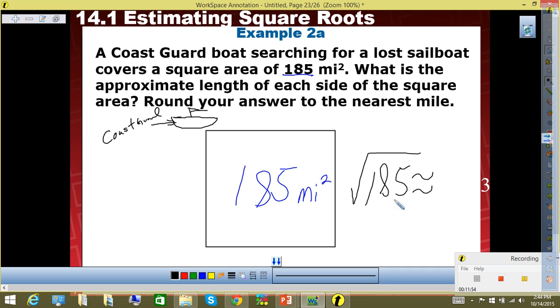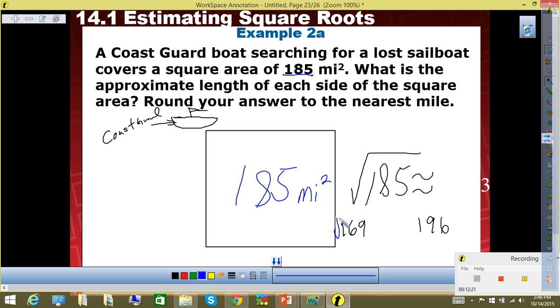Do we know how to do this? Yes, find me that number, please. Go. Okay, let's see. Between what two perfect square numbers is this? Wait. The numbers first. 169 and 196.